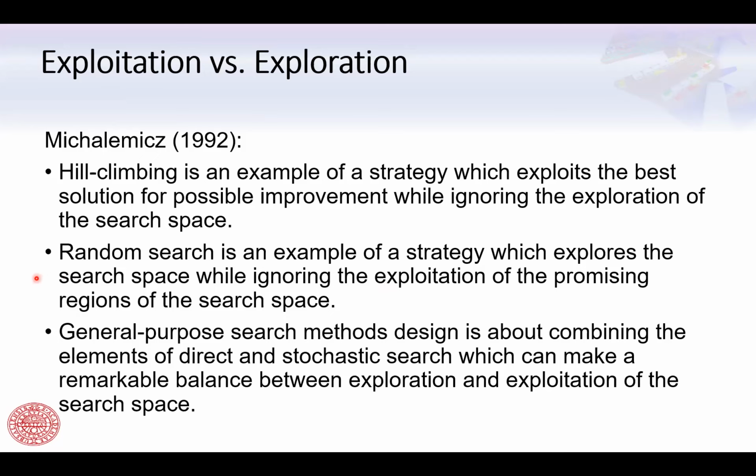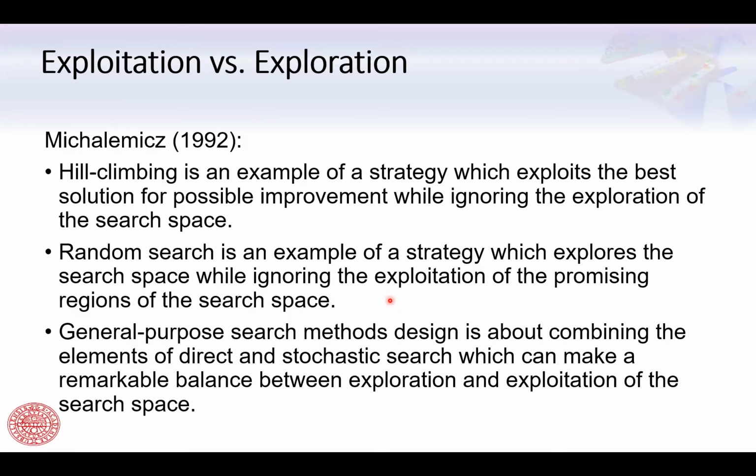But random search is now just too much. After you run one solution, you have the chance that any other solution in the whole search space can be the next solution. That means you actually have no control over what you will find next. But it's very good because then you explore your search space maximally.